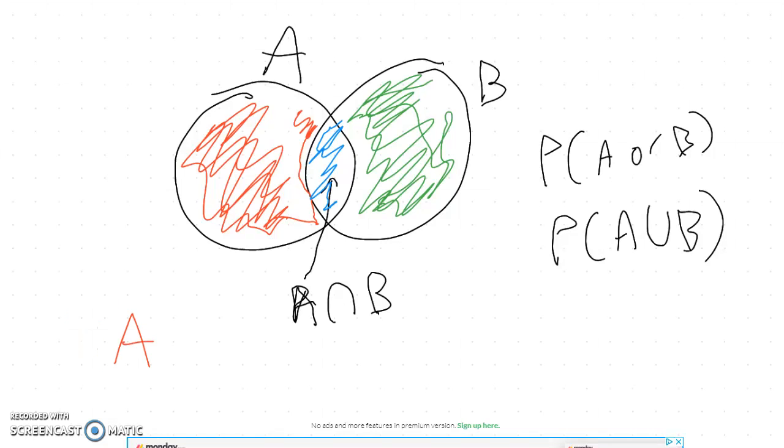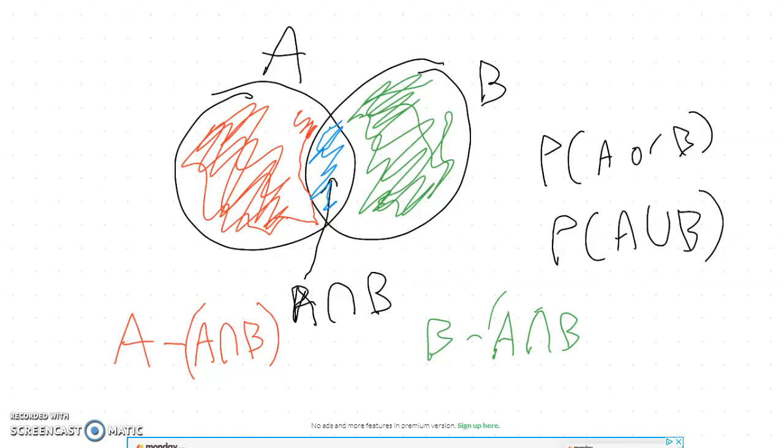Let's say we have this, we're going to call that A minus this blue area, minus A intersect B. The blue area, that's already given, that's just A intersect B. And then the green area is B minus A intersect B.